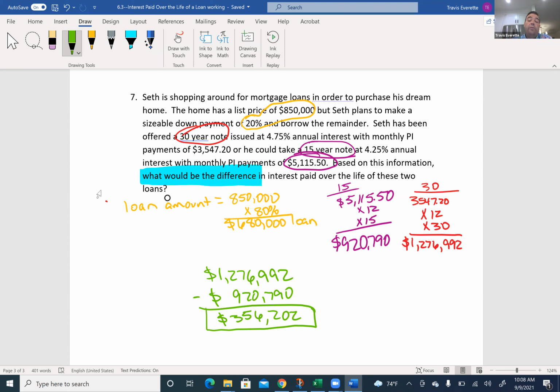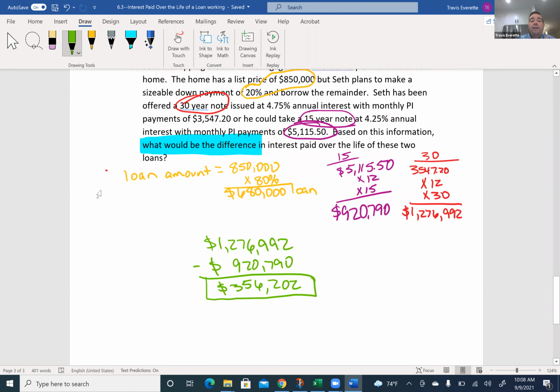Or does he want to pay $3,547.20 a month, which is obviously a much more manageable monthly payment, but pay an extra $356,202 in interest? It's a pretty substantial difference when you look at it like that.